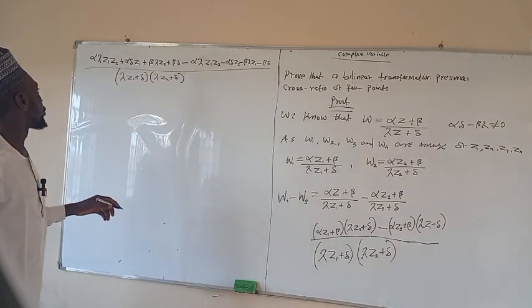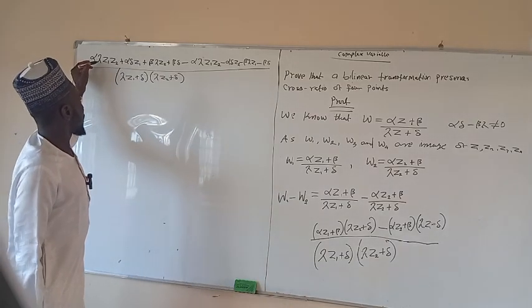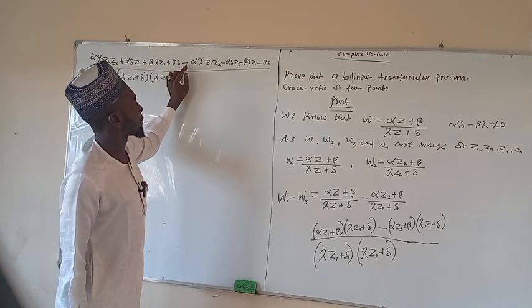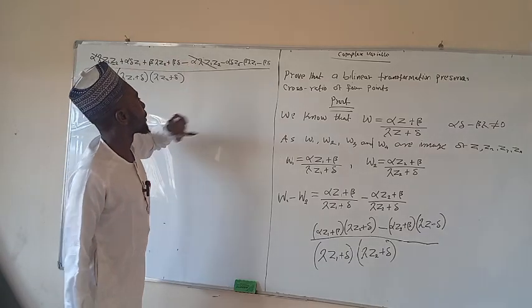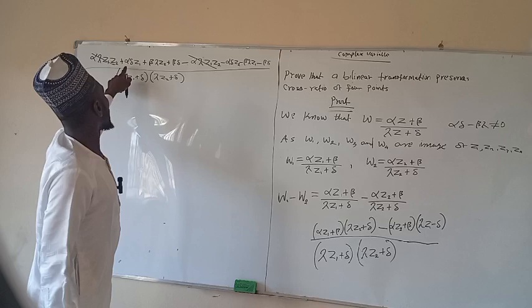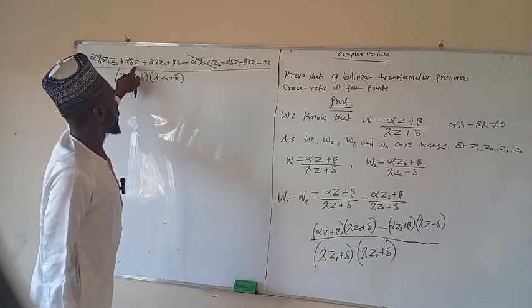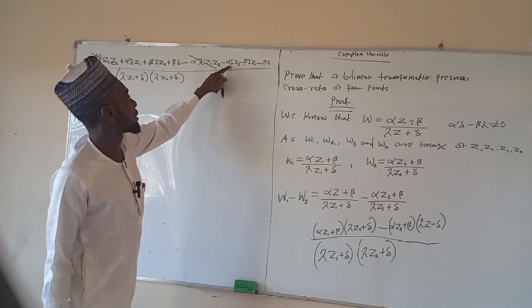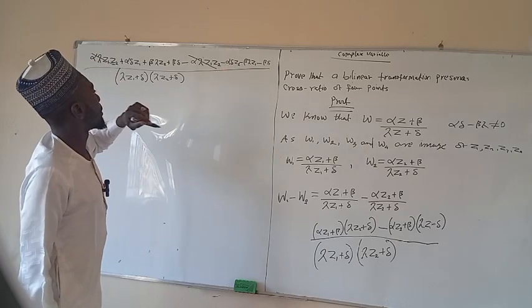We can see from the numerator, this alpha lambda z1 z2 and this one kill each other because this one is negative. They're gone. We have alpha delta z1, alpha delta z2. This one is unshakable.